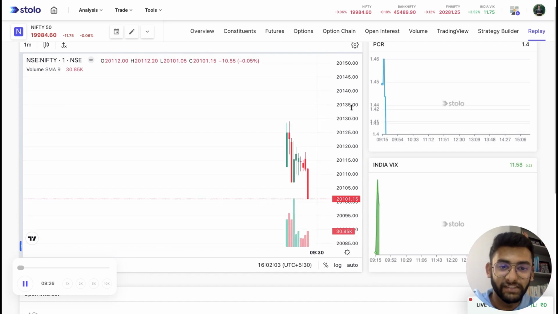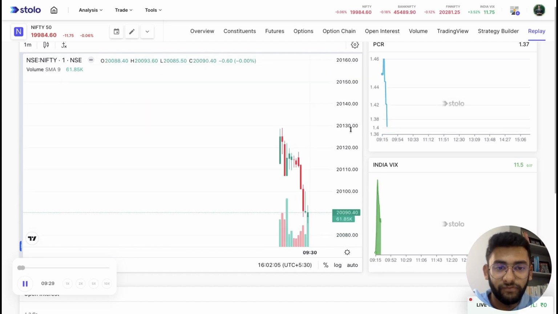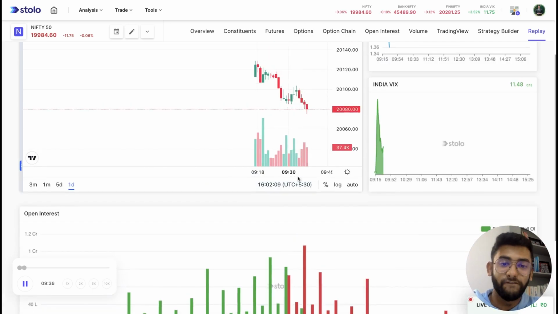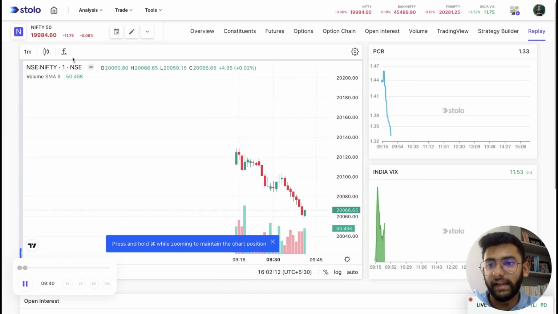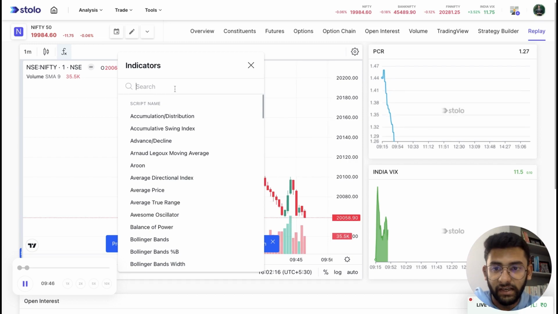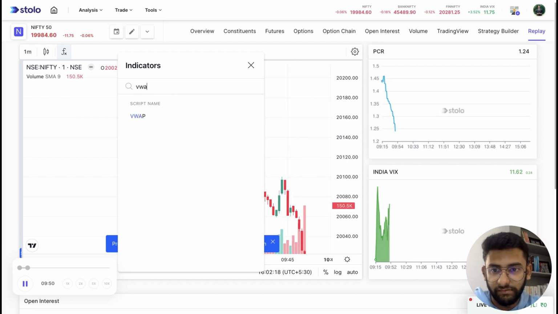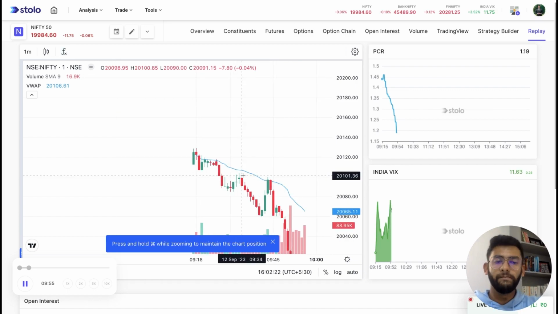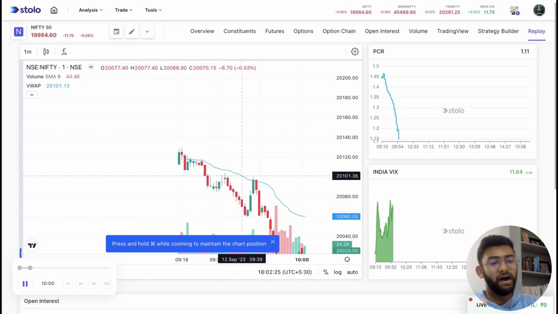So here you can see the exact movement of Nifty along with the OI change from 9:15 to 3:30, right? And not only that, you can also add the indicators which you specifically use. So, for example, let me just add VWAP here, and it would directly add it on the market replay, right?